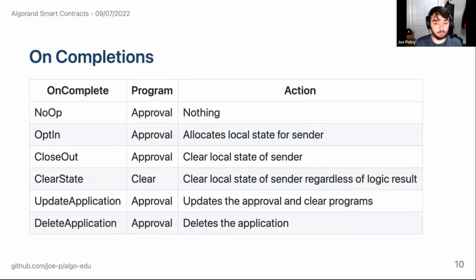You have opt-in, which allocates local state for the sender; closeout, which clears the local state; clear state, which calls that clear program to clear the local state regardless of the logic outcome; update application, to update approval and clear programs, so basically how you update the application; and then delete application, which as you might guess is used to delete the application.